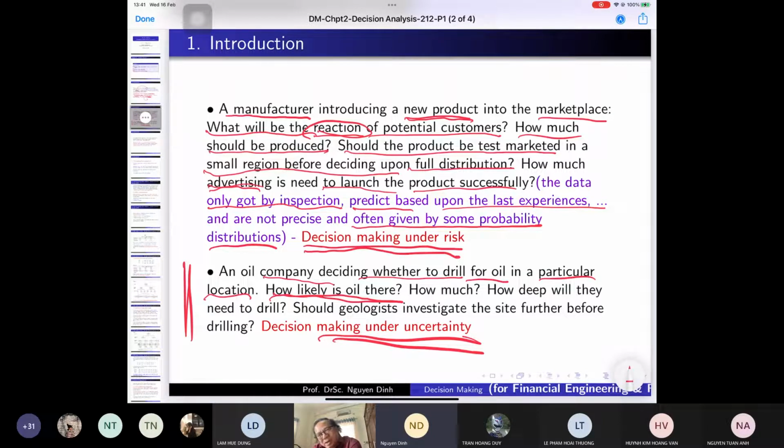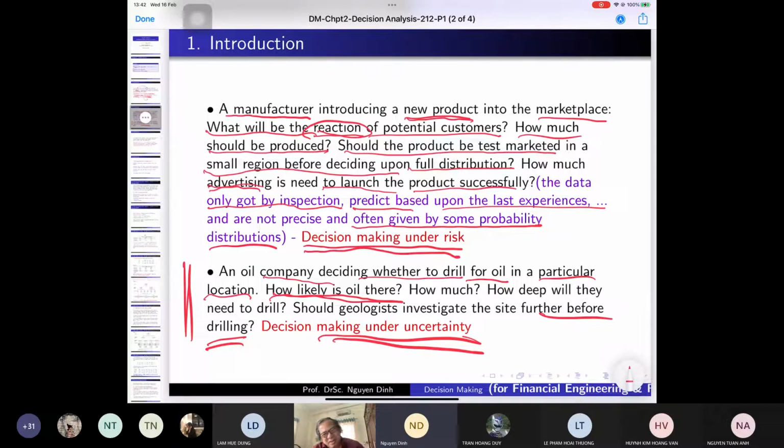Should geologists investigate the site further before drilling? A lot of information we don't know. We don't have the answer to this question, and even to the question of whether we should pay money for geologists.